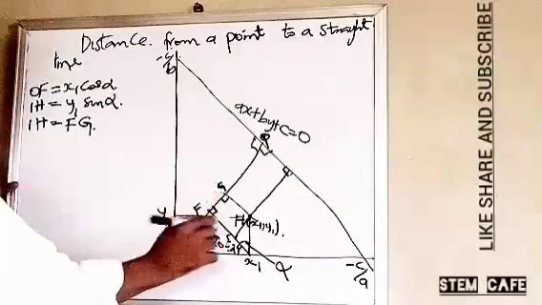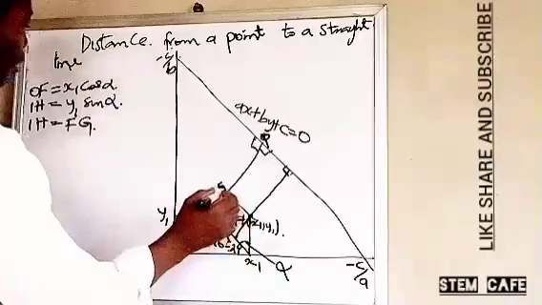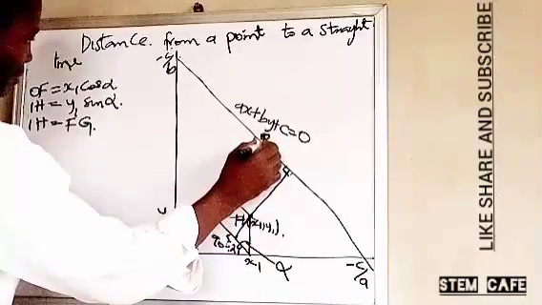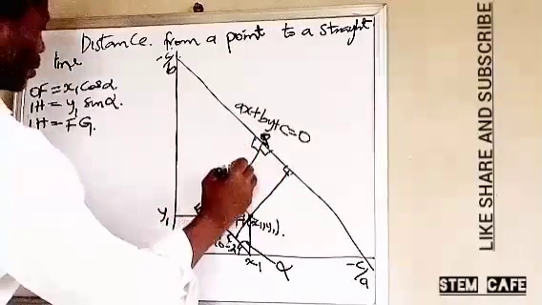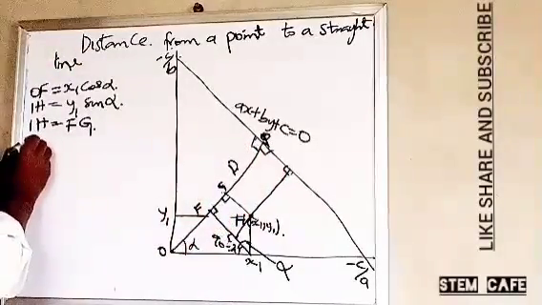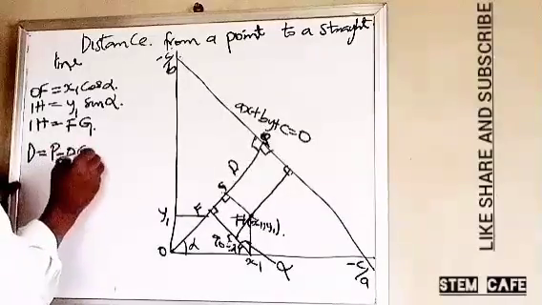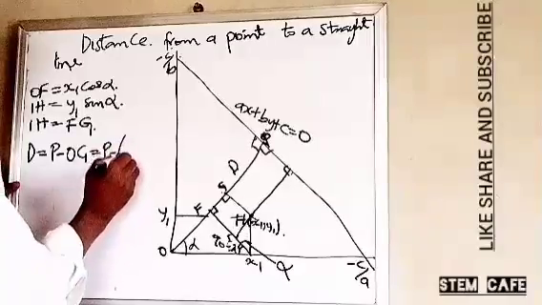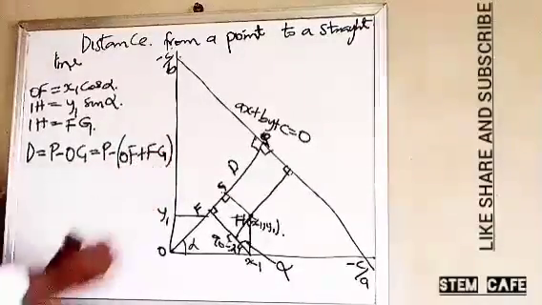The distance from this point to the line is also equal to the distance from G to P. So, let's call this place D. So D will be equal to P minus OG, which is equal to P minus OF plus FG.